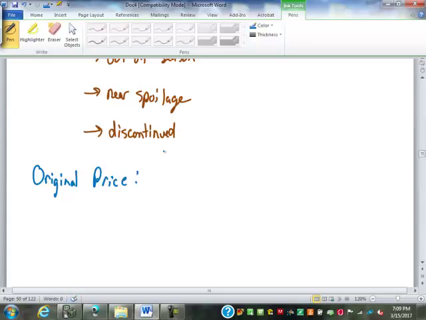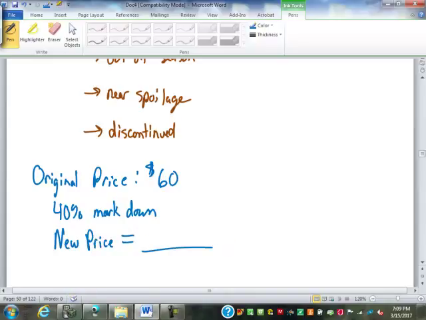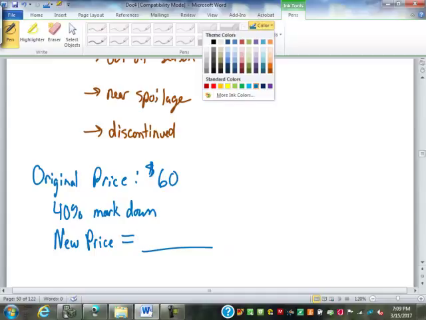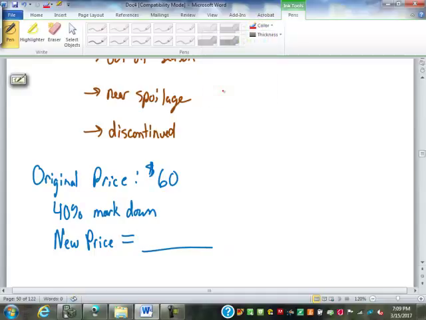So if the original price is $60, there's going to be a 40% markdown. What's that new price going to be? Well, the easiest way to do this is to do like we did with our invoicing when there was a discount on the payment.